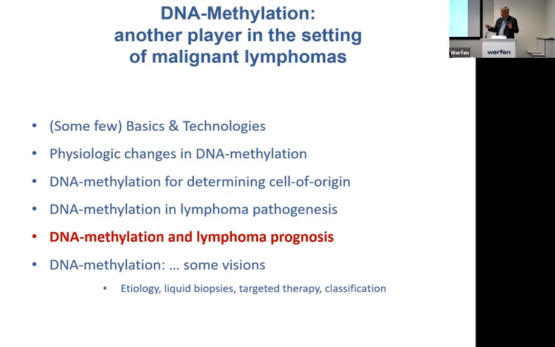A PhD student of mine did a lot of work trying to reproduce this, and it was all not reproducible. So it's unfortunately never yet published, but it's hundreds of cases, clinical trials, and we couldn't verify many of these data in diffuse large B-cell lymphoma.